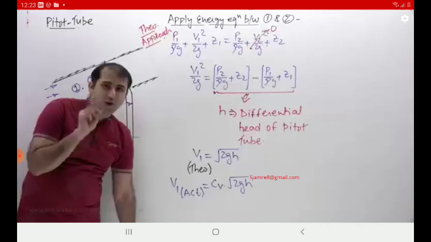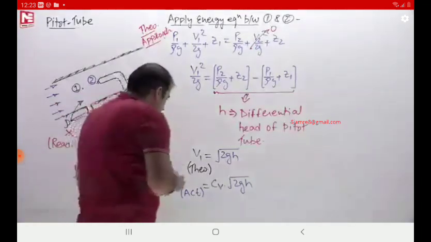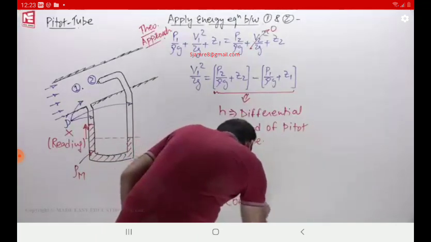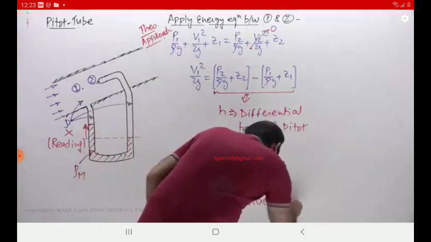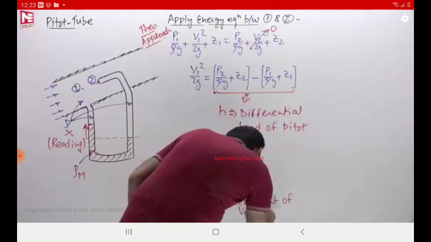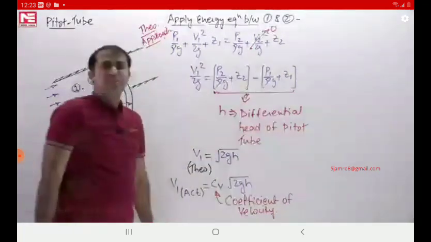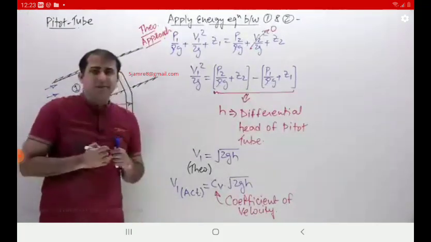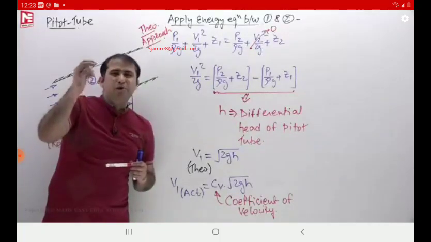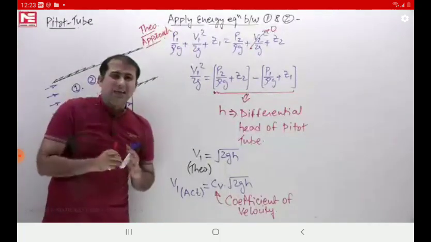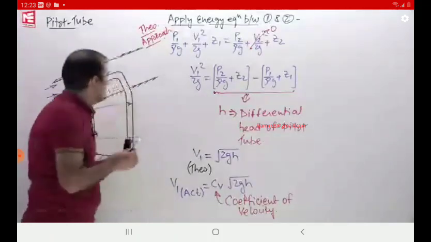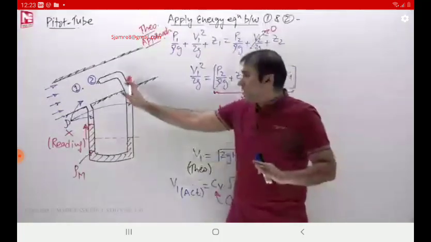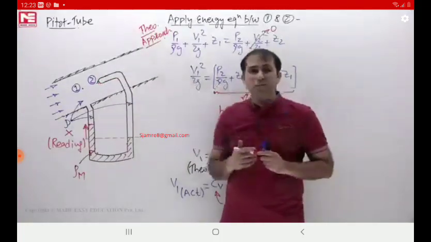And Cv is the coefficient of velocity. Remember, Cv is the coefficient of velocity. And this device is very good whenever it is constructed beautifully. Actually you have to make this device well because you are going to insert the device in a flow, and if you do not design it properly, it is going to disturb the flow more and more.